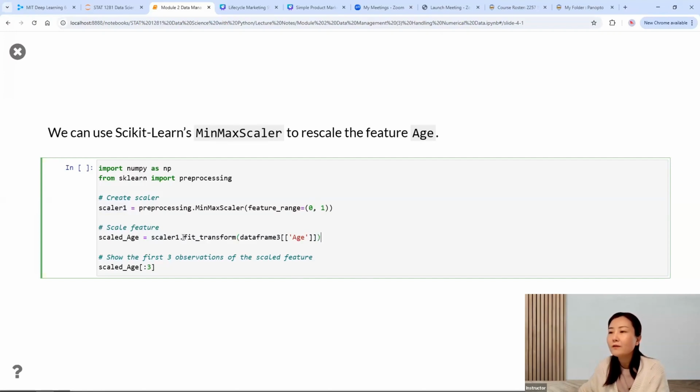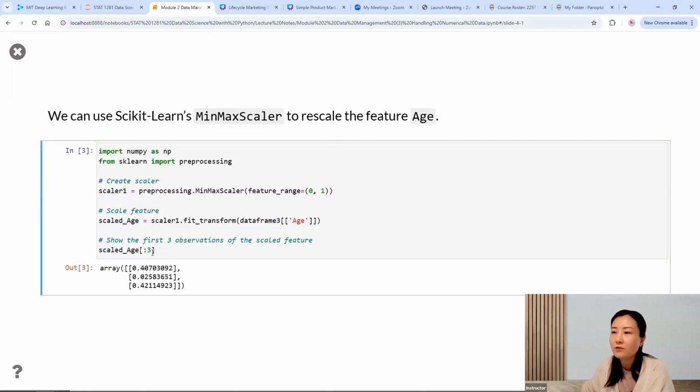Then we can call the fit transform method to transform the age column and save the result in scaled age. And then let's run it and extract the first three values in the transformed age column. So these are the three values. So they are all within the range between 0 and 1 in this interval, right?